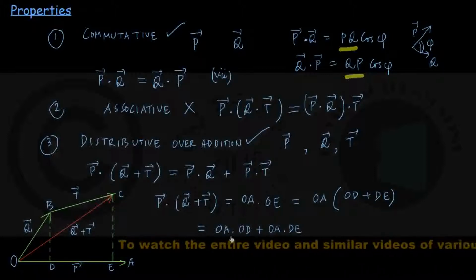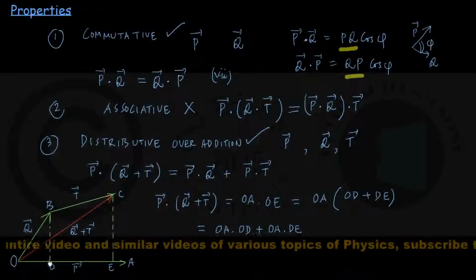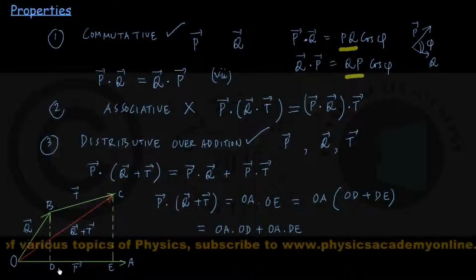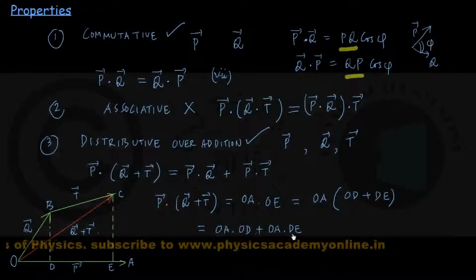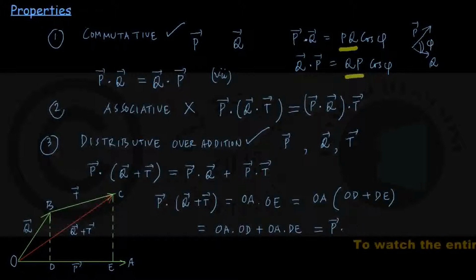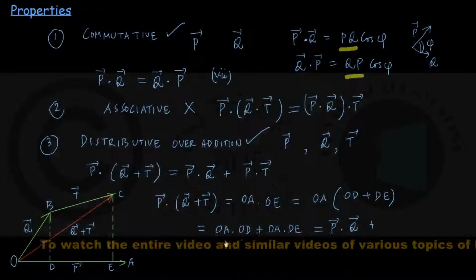Now, looking at the figure, what is OA into OD? OA is the magnitude of the vector P and OD is the component of the vector Q along the vector P. Similarly, in OA into DE, DE is the component of the vector T along the vector P. So I'm getting here very quickly that the first thing, OA into OD, is coming out to be the dot product P dot Q, because I have said already that dot product of two vectors is given by the magnitude of one vector and the component of the other vector along the first vector.